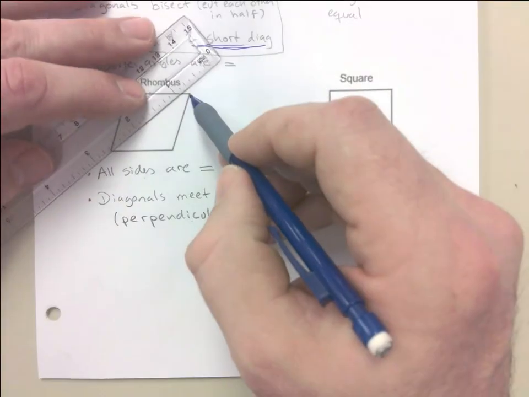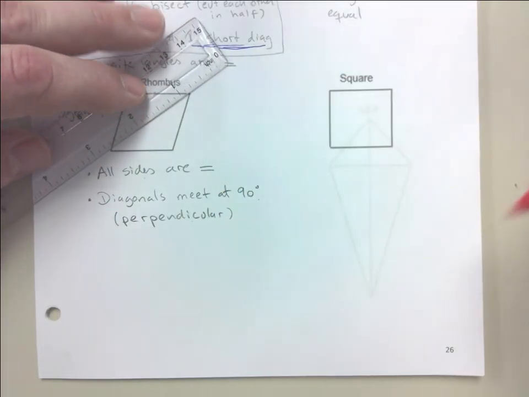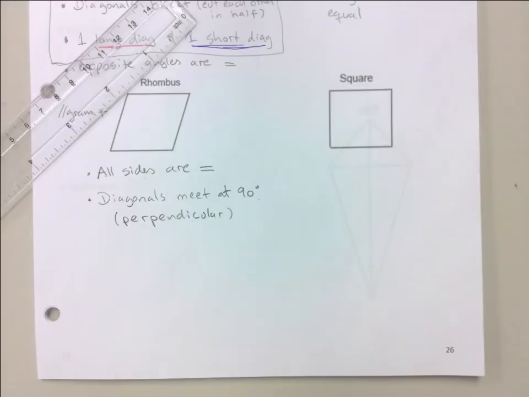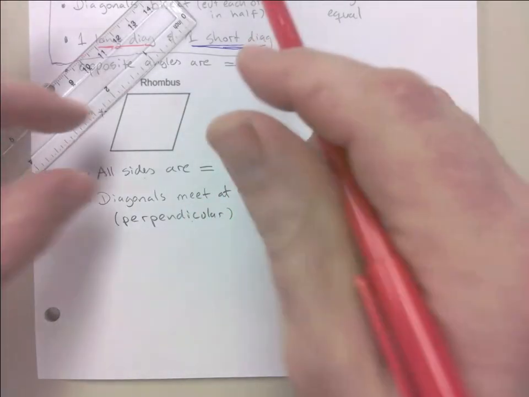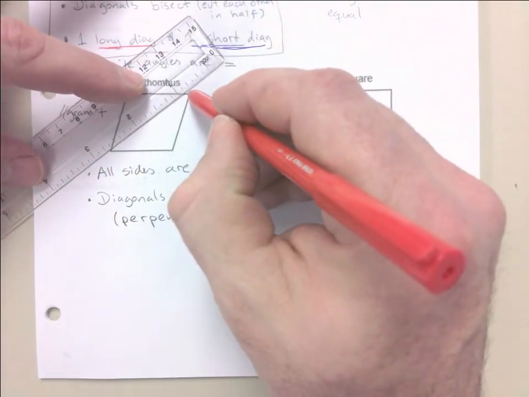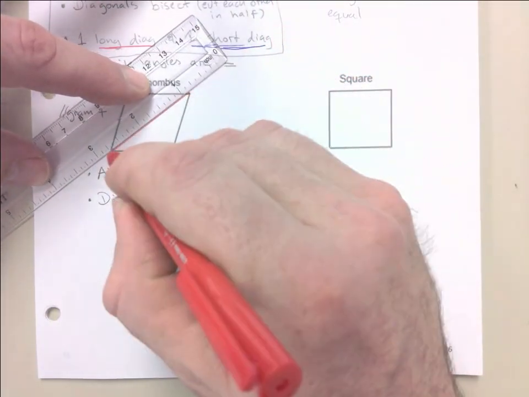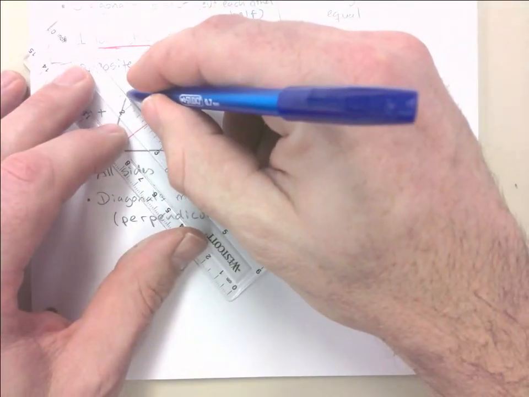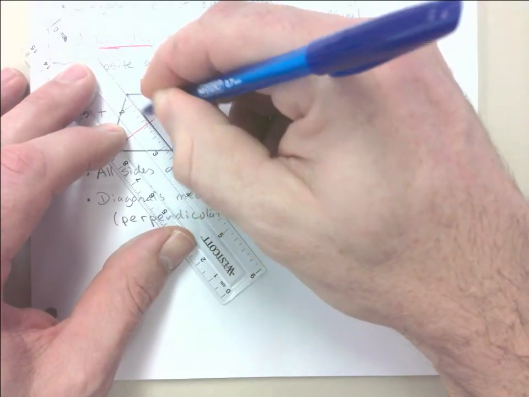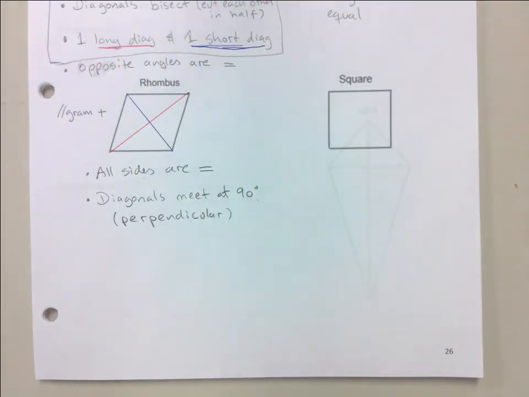So if you have your rhombus, would the diagonals be equal in length on this one? They wouldn't be, because it's pinched. You know what I mean? Like it's slanted. So you still have your long diagonal and you have the short diagonal. So in that sense, it's the same as the one before.